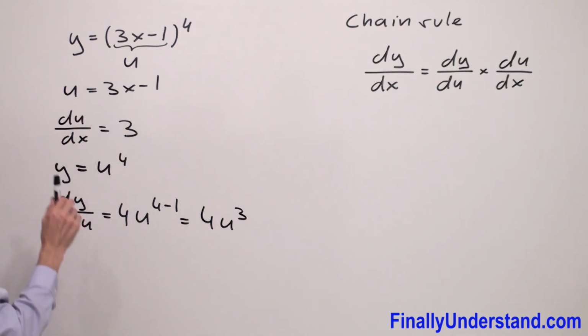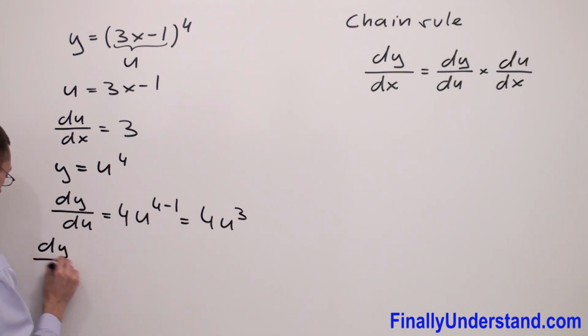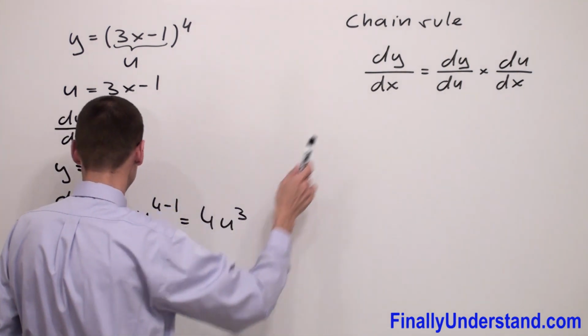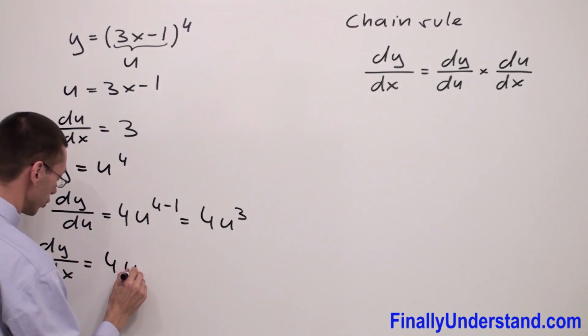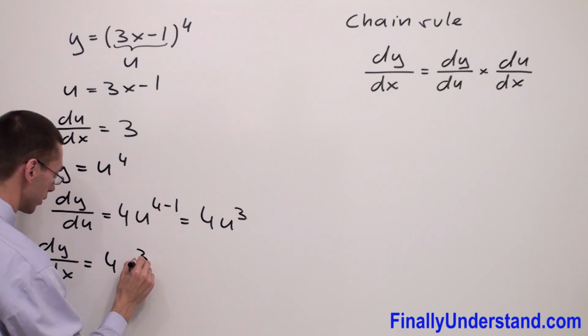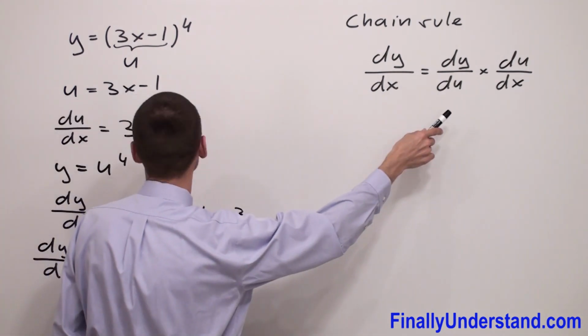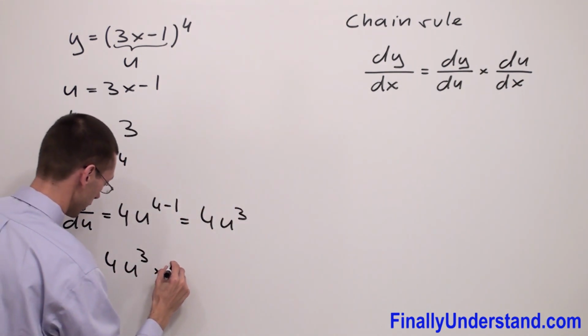So how am I supposed to apply this formula in order to solve this problem? So I have dy over dx equal to dy over du. Okay, so I have 4u to the 3rd power times du over dx, which is equal to 3.